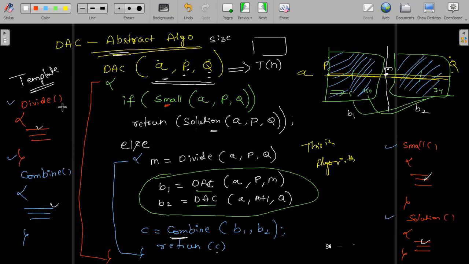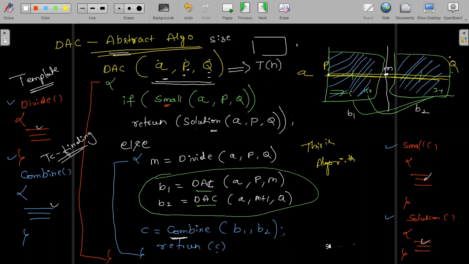Think like this: if the small condition is true, what happens? It will execute only one time. Right now I am finding the time complexity for this particular algorithm. How to find it?